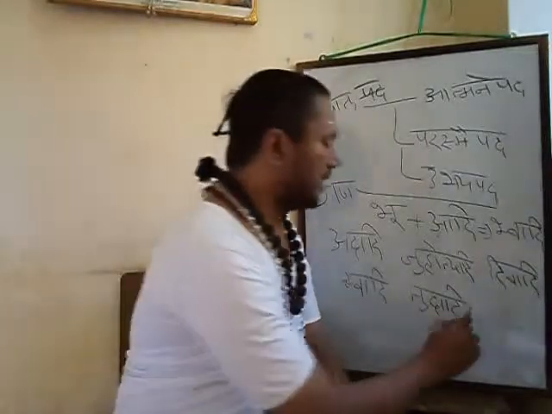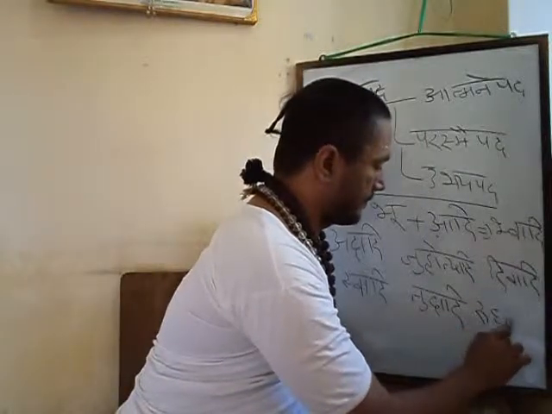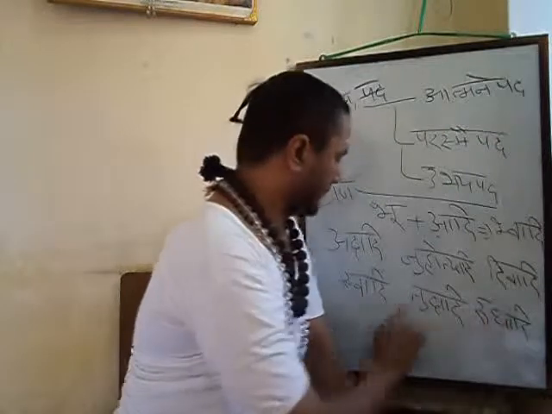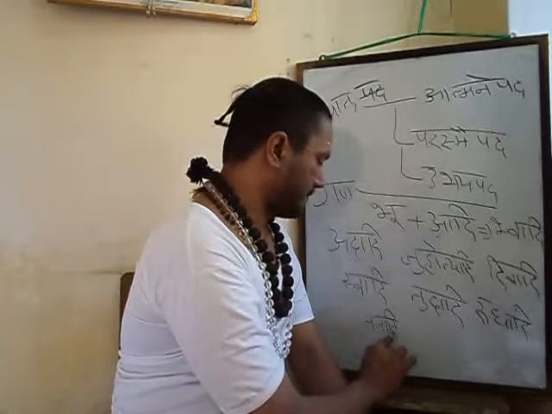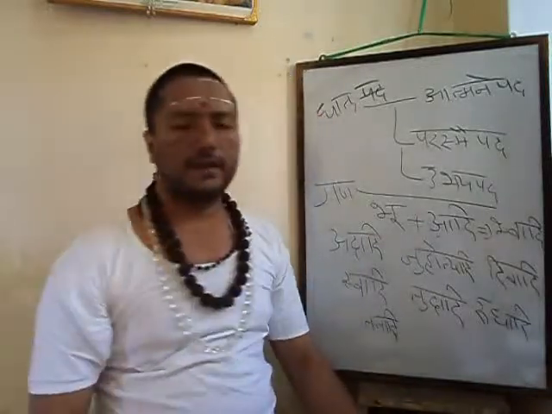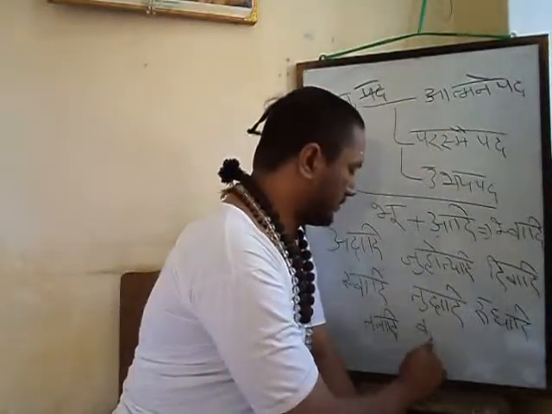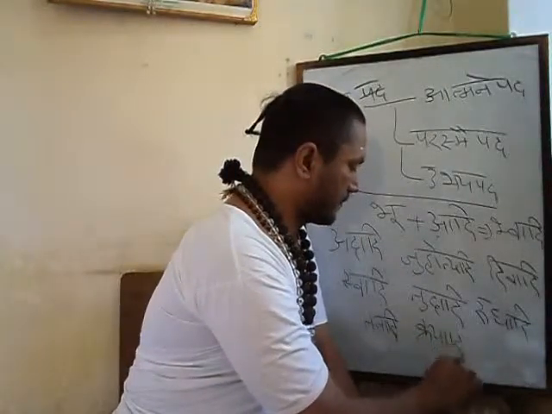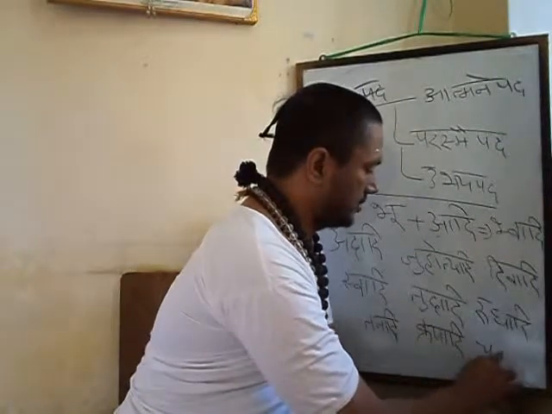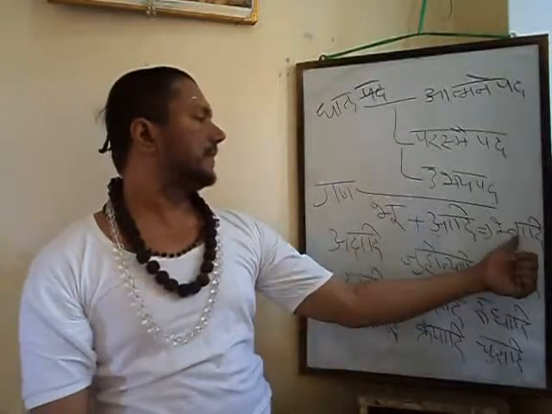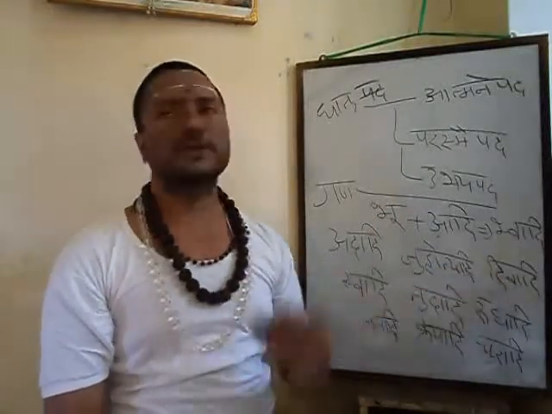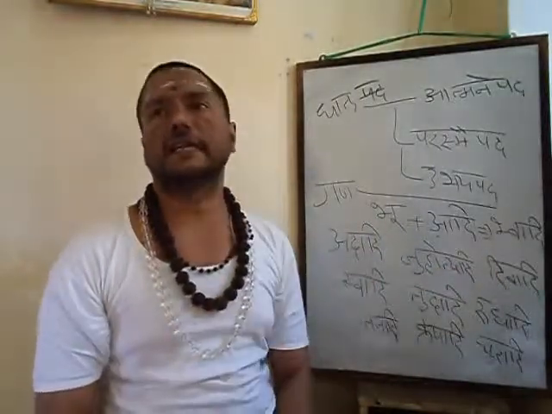Then Rudhadi, Tanadi, Kriyadi, and Churadi. The first dhatus for each of those ganas are the name for that gana.